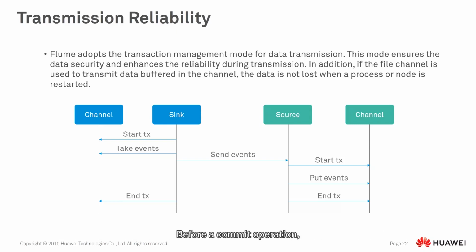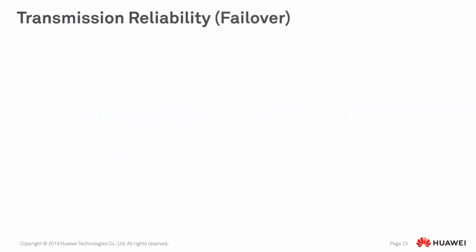Before a commit operation, if the data transmission fails, the last transaction starts and retransmits the data that failed to be transmitted last time. The commit operation has written the transaction into a disk. Therefore, the last transaction can continue after the process fails and restores.